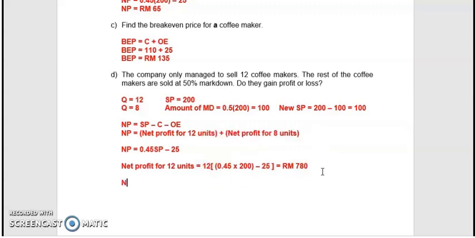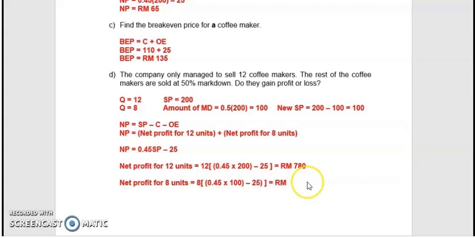Now calculate net profit for 8 units. So 8 multiplied by 0.45 SP. Now for the 8 units, the selling price differs, which is 100 ringgit. 0.45 times 100 minus 25. Calculate the value in brackets first, then you multiply by 8.